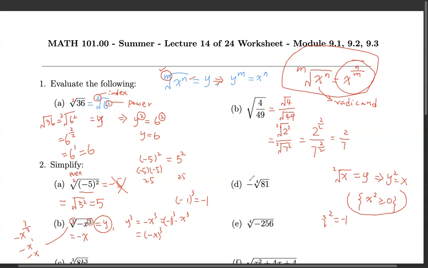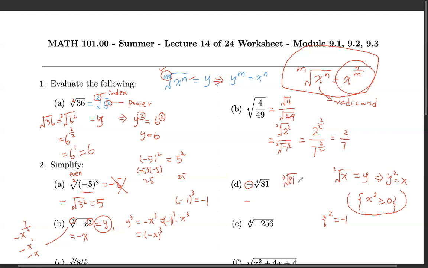Now let's see this one. This negative sign is outside the fourth root, because the index is 4, the fourth root of 81. So when we simplify this, we just carry on the negative sign. Then we think about the fourth root of 81.